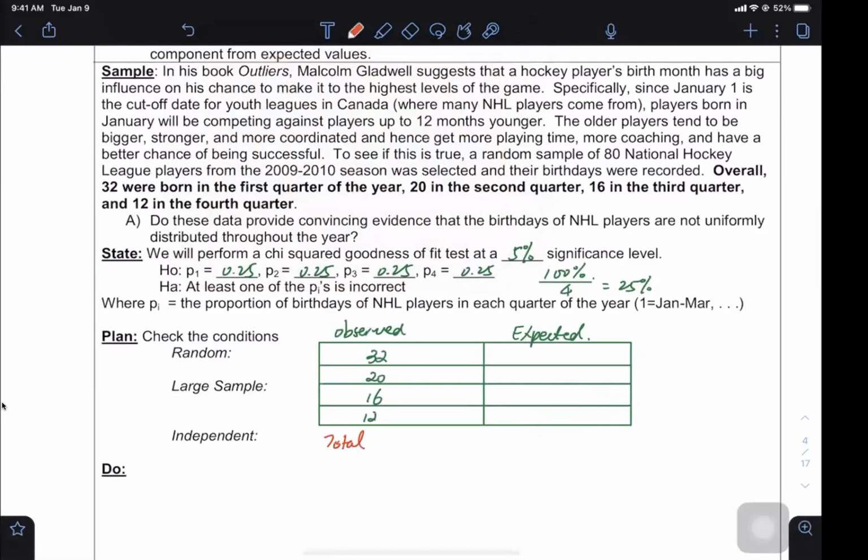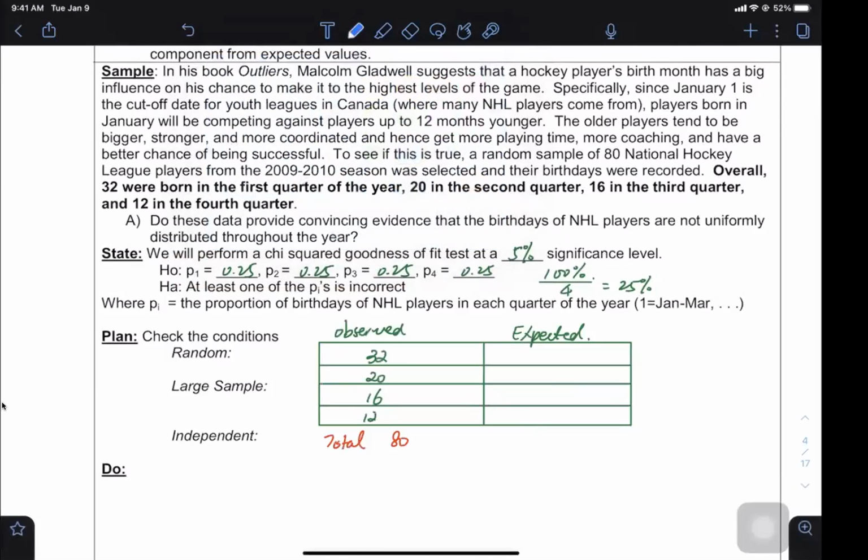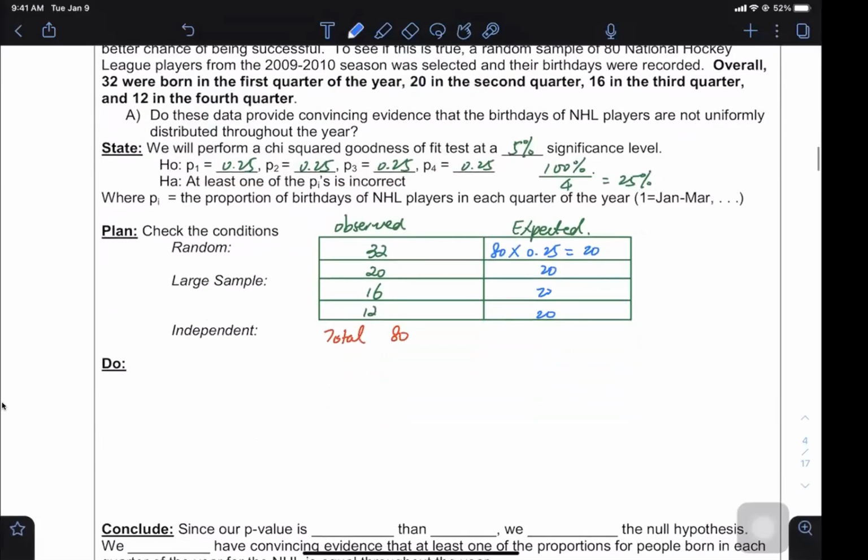So the total in this case is 80. So our expected count is going to use 80 to multiply 0.25, which is 20. So my expected counts are all 20. So definitely my expected counts are all greater than 5.